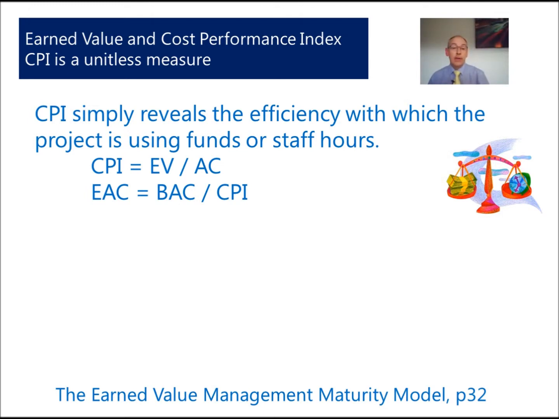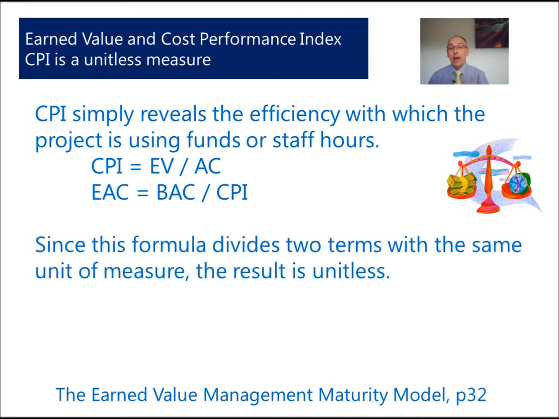And if our estimate at complete is our budget at complete divided by our CPI, and because we might have earned value and actual cost in hours, therefore we can use this metric because we're looking at two terms with the same unit of measure. In this instance then, it's hours. So it's valid to identify the CPI, and therefore our estimate at complete could be in hours, not necessarily in financial terms.